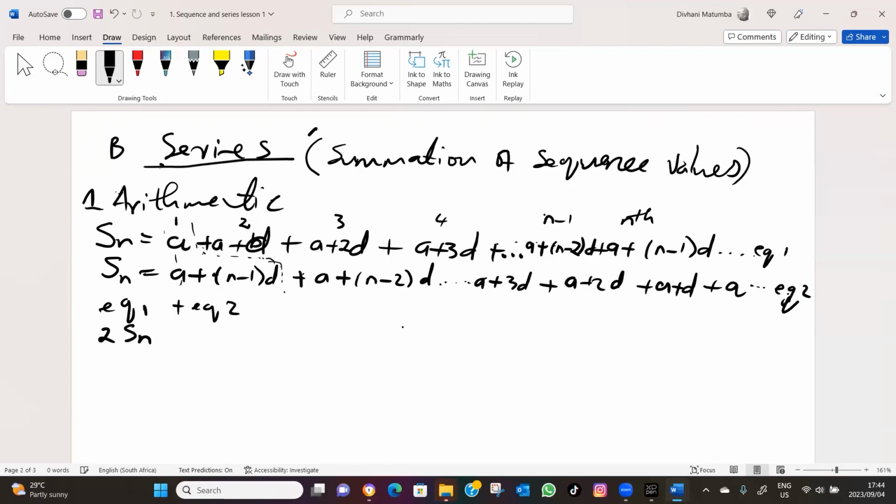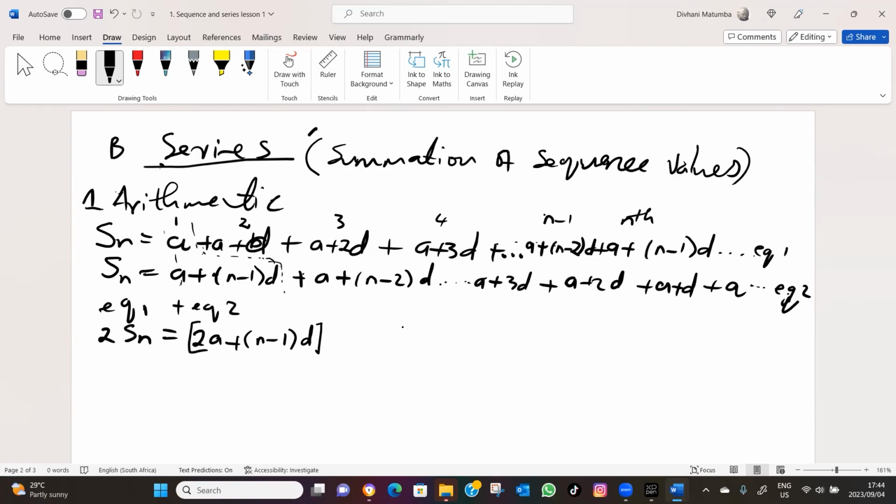That's the sum of the sequence. So here we will have a plus a, which is 2a, then plus n minus 1 into d. Okay, that's the first summation.